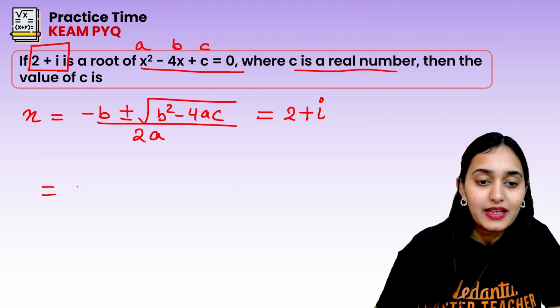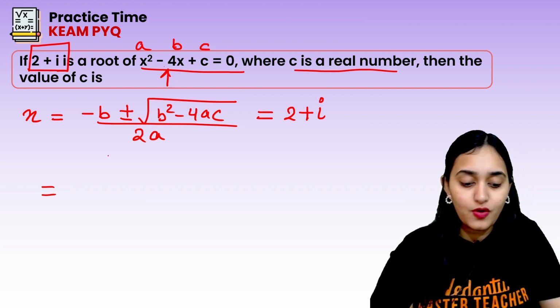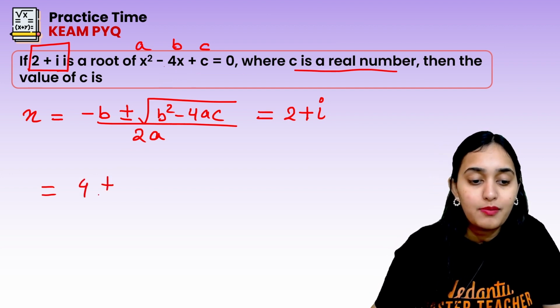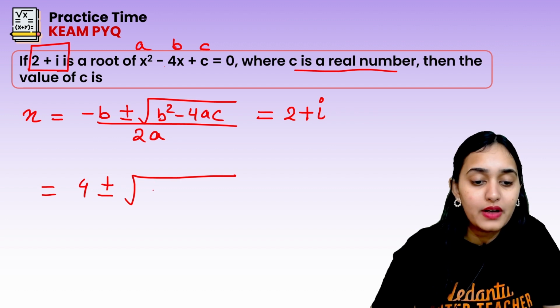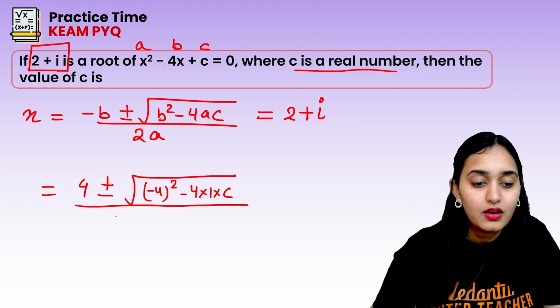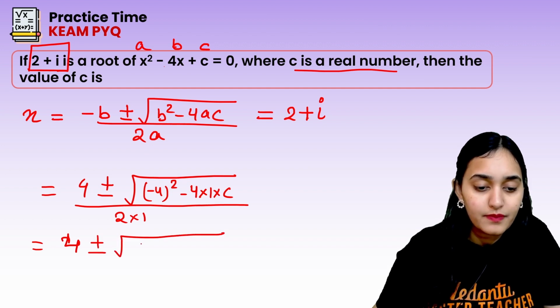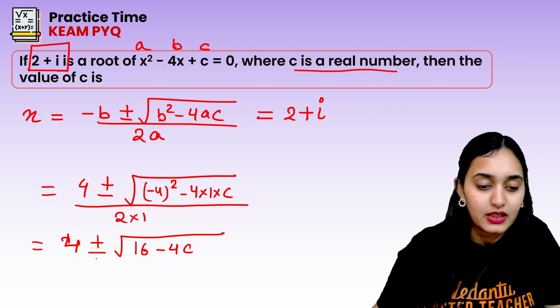Let's put the values. This is a, this is b, this is c. So, minus b, minus of minus 4. Minus of minus 4 will be plus 4. Plus minus root over minus 4 whole square minus 4 into 1 into c upon 2 into 1. So this is 4 plus minus root over 16 minus 4c, divided by 2.